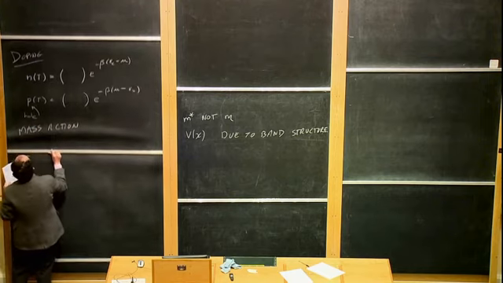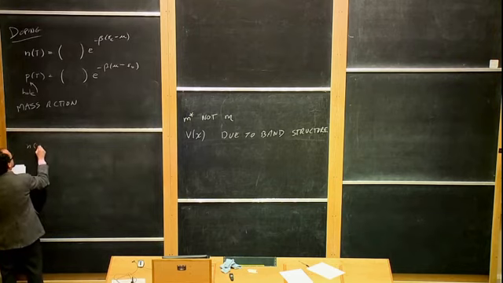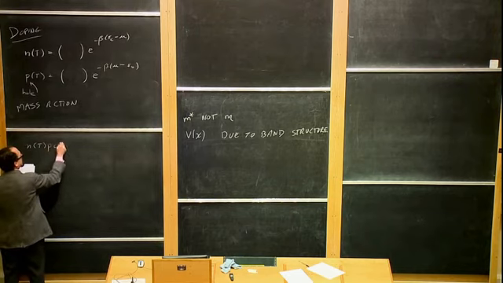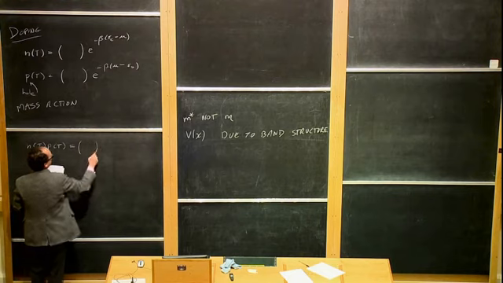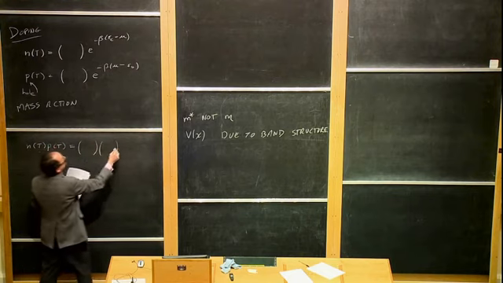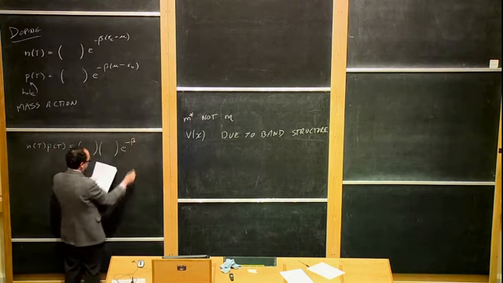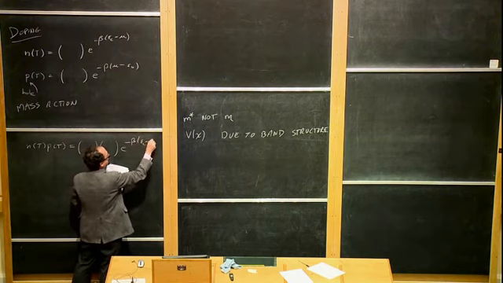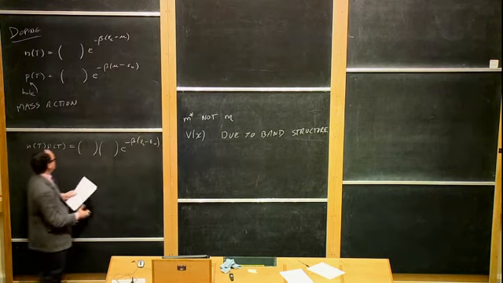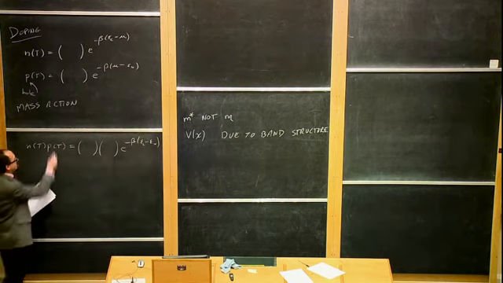The law of mass action tells us that the product of these two things, N of T times P of T, equals a couple of constants times e to the minus beta (E conduction minus E valence). And this is independent of the chemical potential.